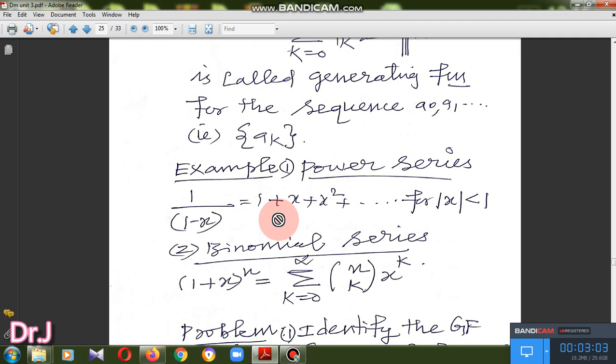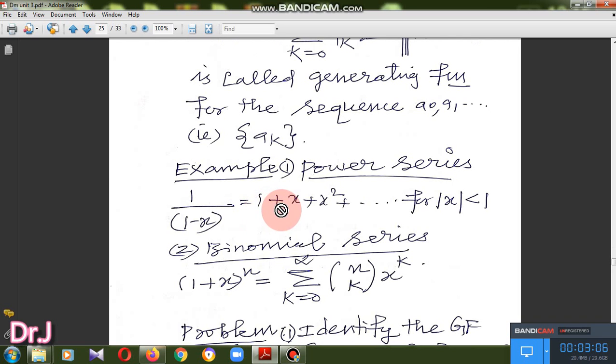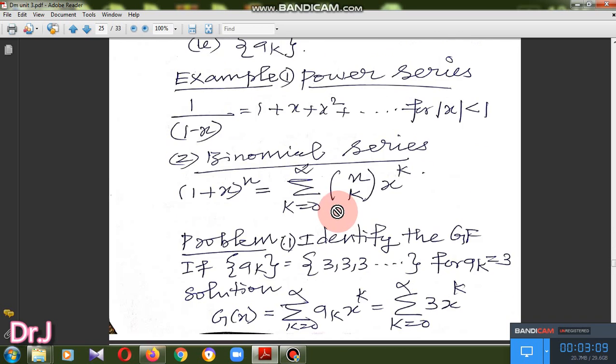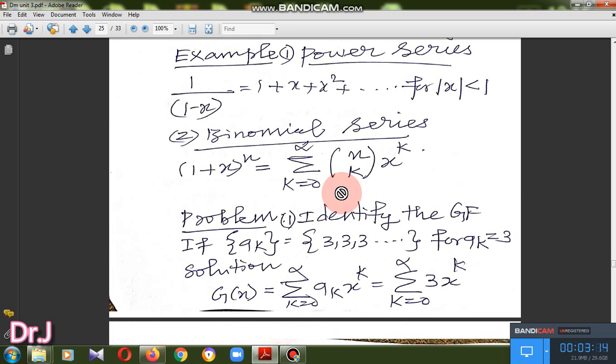In this particular case, what is ak? ak is nothing but 1, 1, 1, like that. Binomial series is another example for this generating function, where ak is nCk; for different k you will get a different expansion, and that expansion is this.